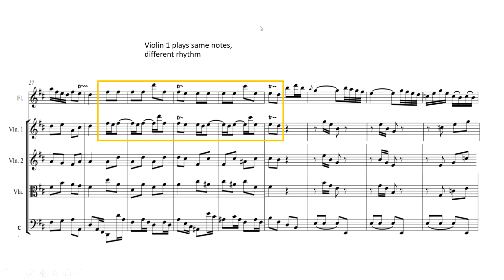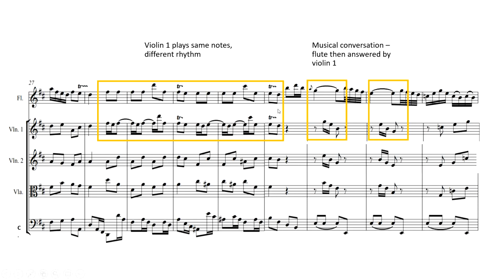The next thing I want to show you is something that's very interesting. There is a musical conversation between the flute and violin 1. So I've just highlighted it there. You may notice that the flute plays the appoggiatura to the G, A to G, and then violin 1 responds, and it happens once again.